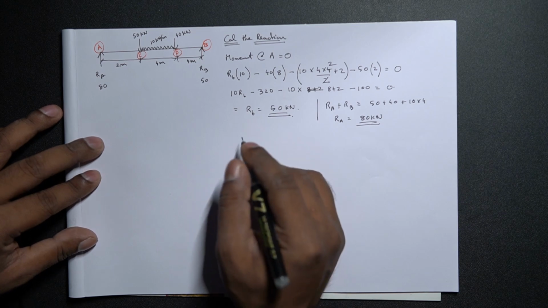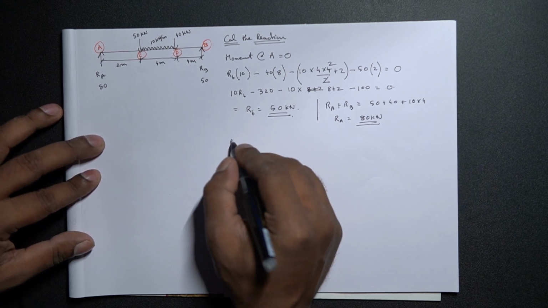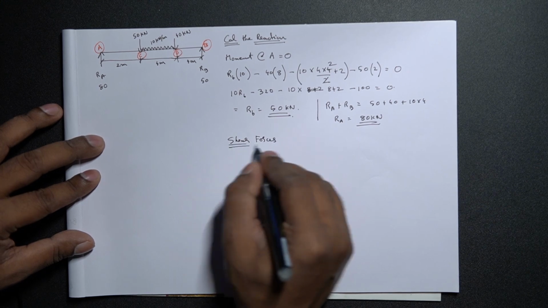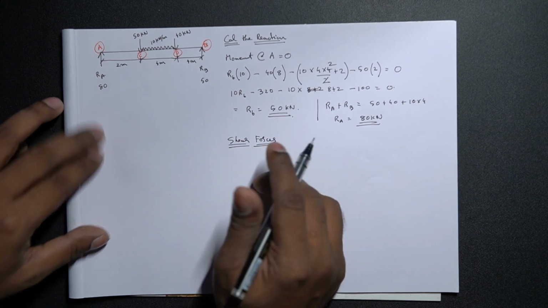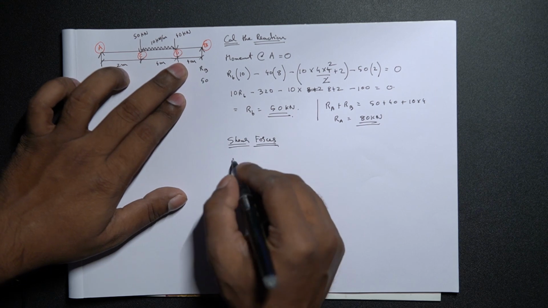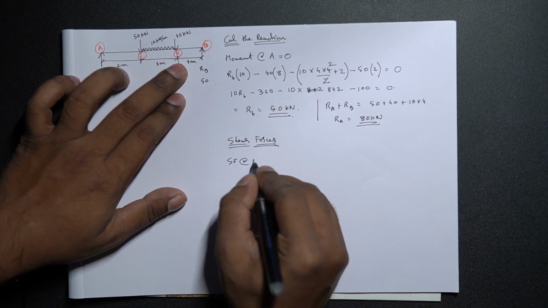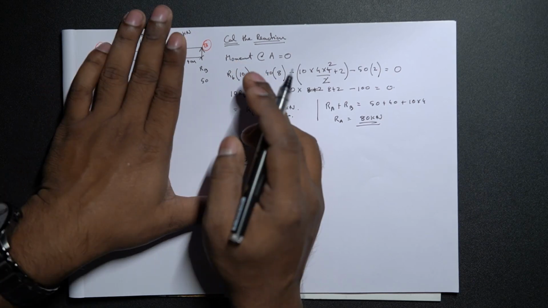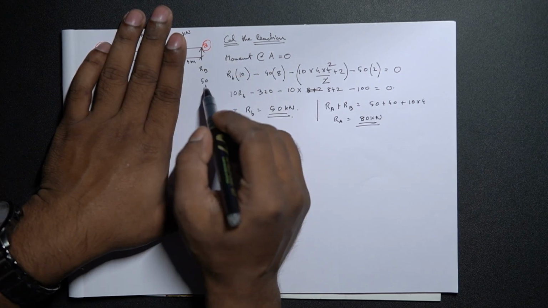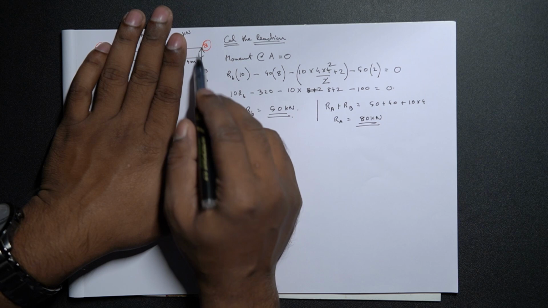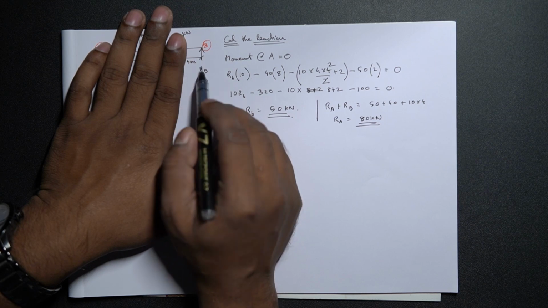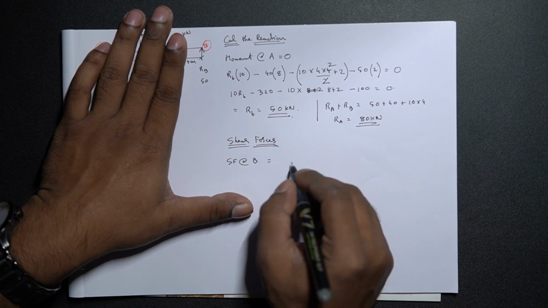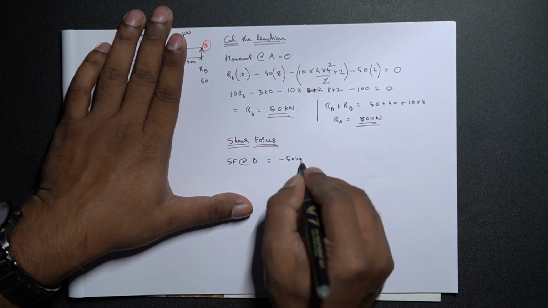So the next step is to calculate the shear forces. To calculate the shear forces, let's start with shear force at B. Shear force at B. So we have a minus 50 kilonewtons acting in the top direction, because towards the right hand side of the section we have the force acting upward, which is a negative connotation, so that would give us minus 50 kilonewtons.